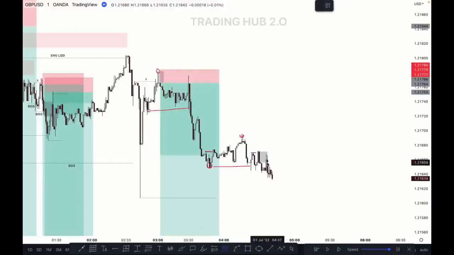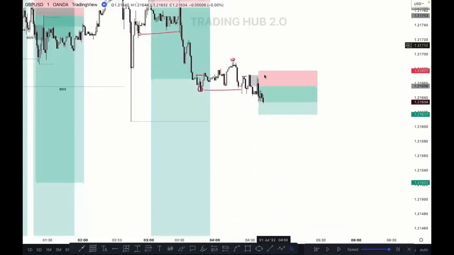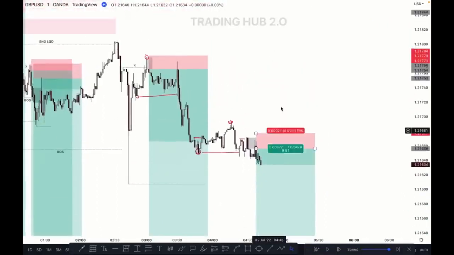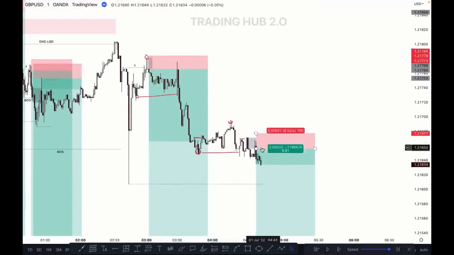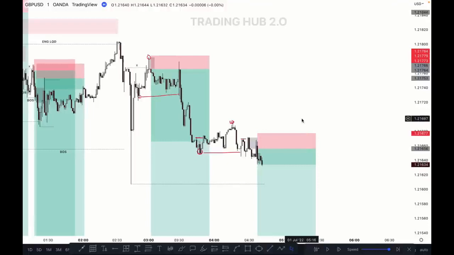We can put the stop loss just above it, and the target will be the same. When the market breaks and takes out this low, we can move our stop loss to the break even point. Okay, so let's see what happened next.